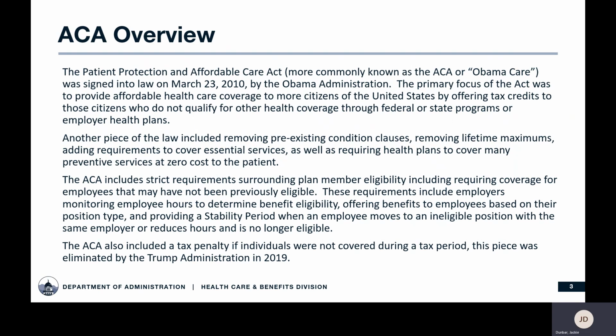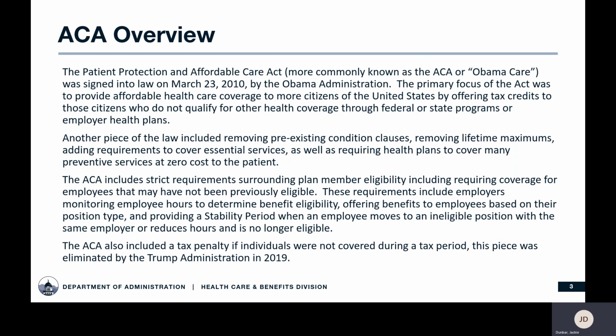The Patient Protection and Affordable Care Act, more commonly known as the ACA or Obamacare, was signed into law on March 23, 2010, by the Obama administration. The primary focus of the act was to provide affordable health care coverage to more citizens of the United States by offering tax credits to those citizens who do not qualify for other health care coverage through federal or state programs or employer health plans.